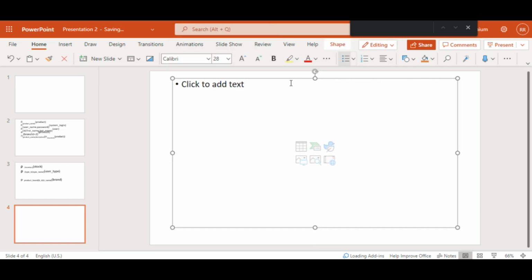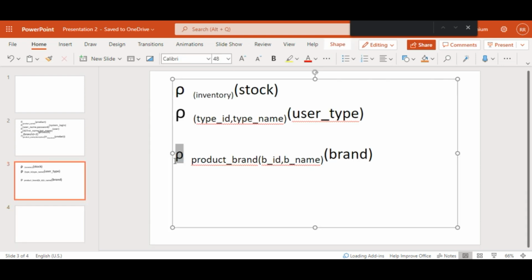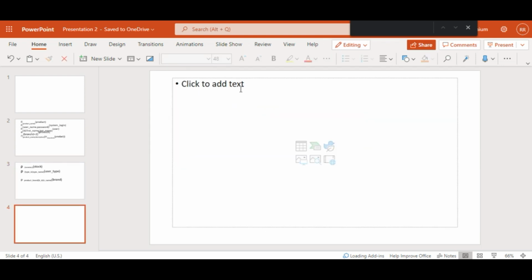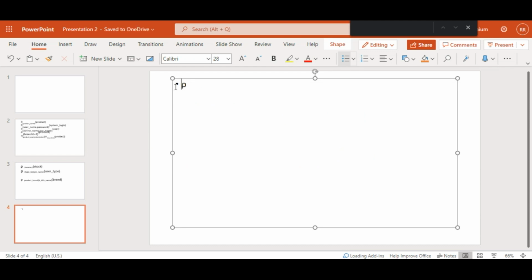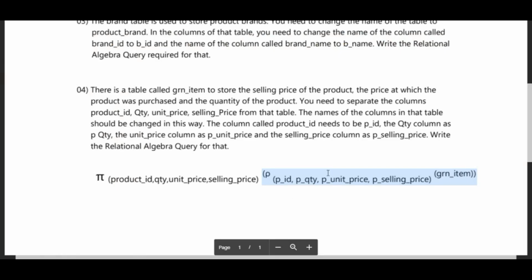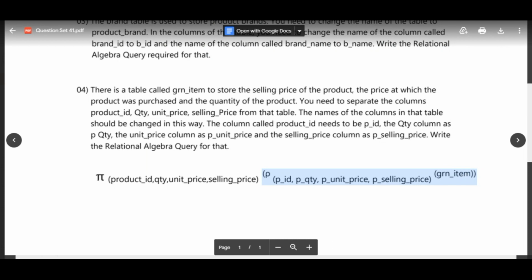So we need to rename. We are renaming from the GRN item table.